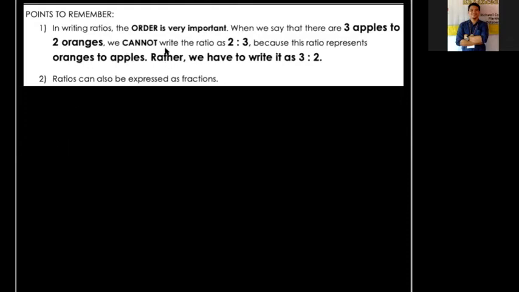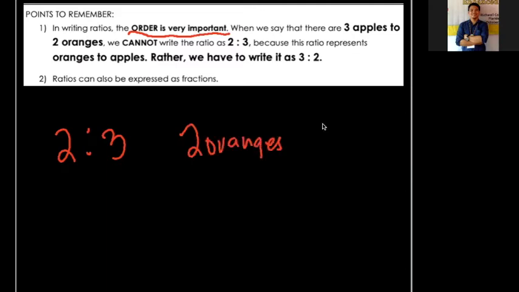Always remember that order is very important. When we say 3 apples to 2 oranges, we cannot write it as 2 is to 3 because 2 is to 3 represents 2 oranges and 3 apples.